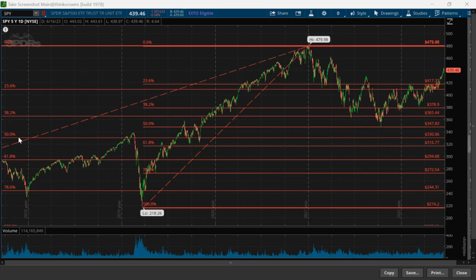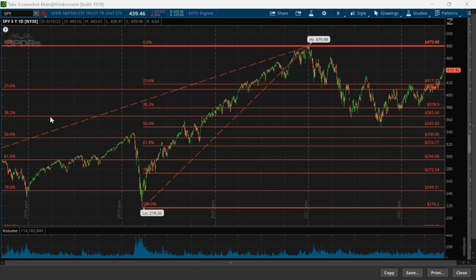And obviously, the crisis that we had in 2020 was also a big behavioral shift. So taking the 2015 and taking the COVID fib sequence, you see that they overlap very closely. You can see that the 23% retracement is close in relative terms from the 2015 to the COVID one.